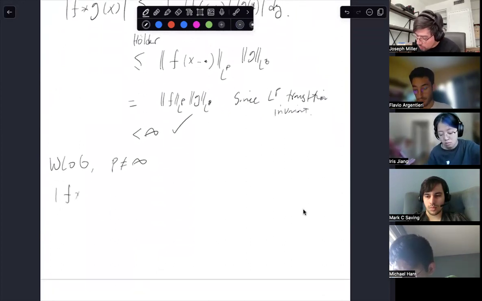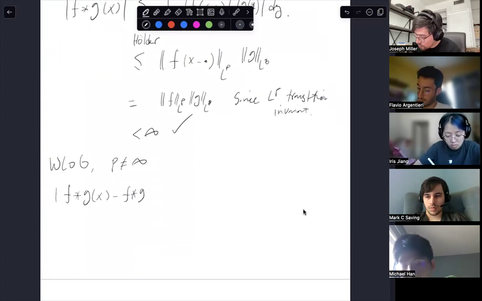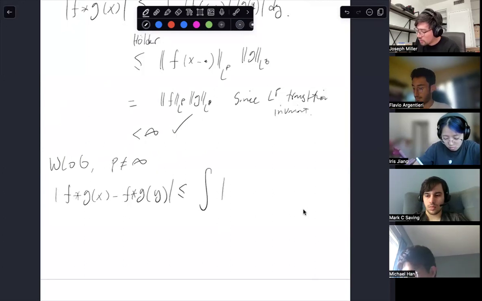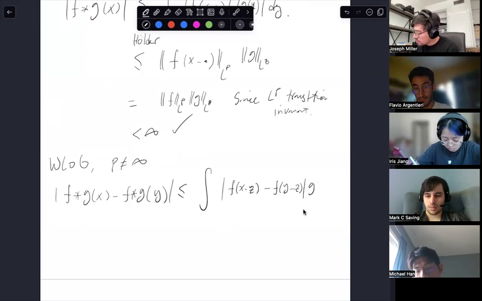Then when I want to look at this difference, f convolved with g at x minus f convolved with g at y, I use the definition of the convolutions and the triangle inequality. I get this is less than or equal to the integral of |f(x-z) - f(y-z)||g(z)| dz.